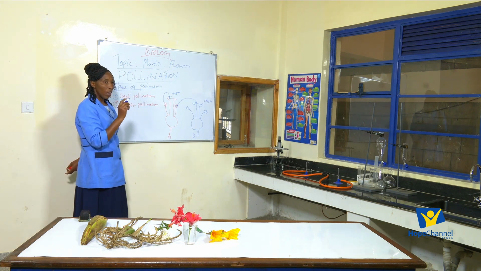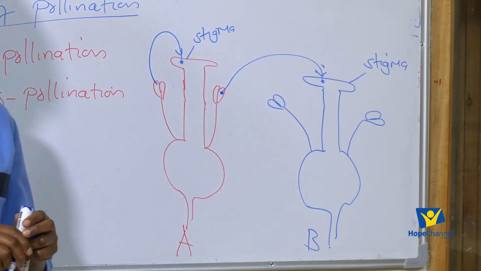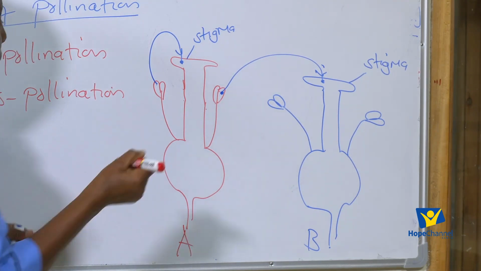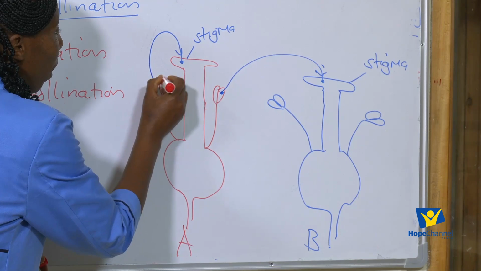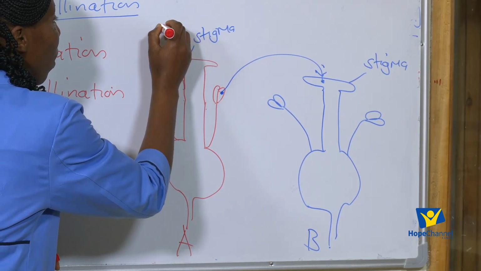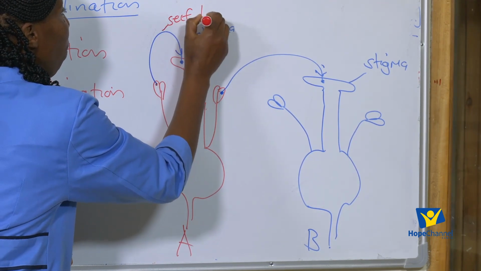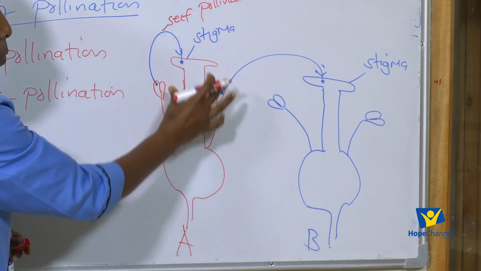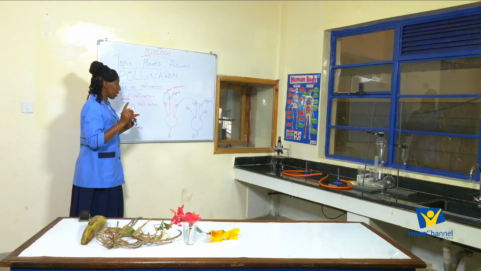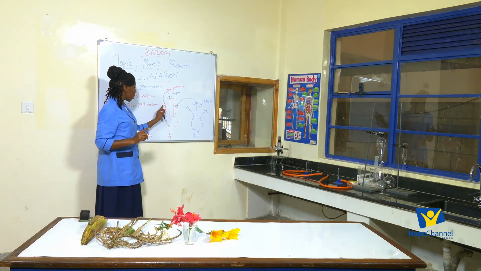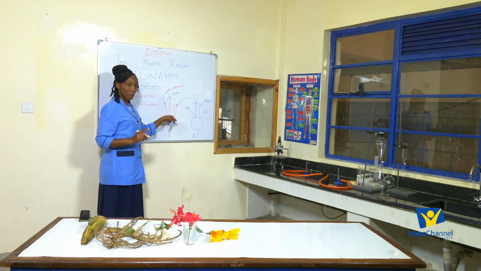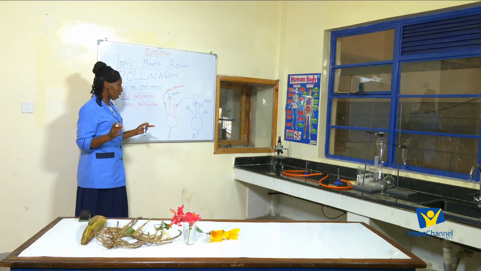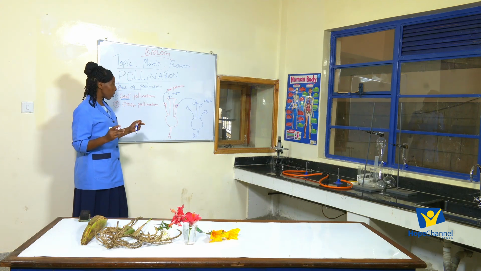Okay? Then, when the pollen grains move from here to here, we say this is what? Self-pollination. Remember, it is within the same plant, but you are moving the pollen grains from the anthers to the stigma. So we say that is pollination, and that is self-pollination.